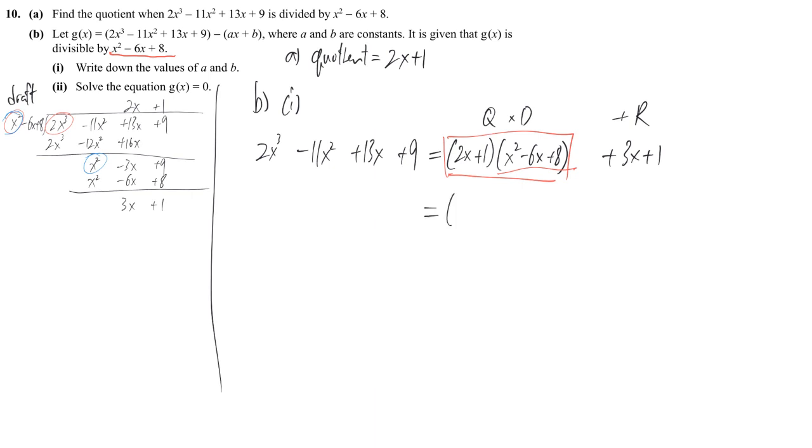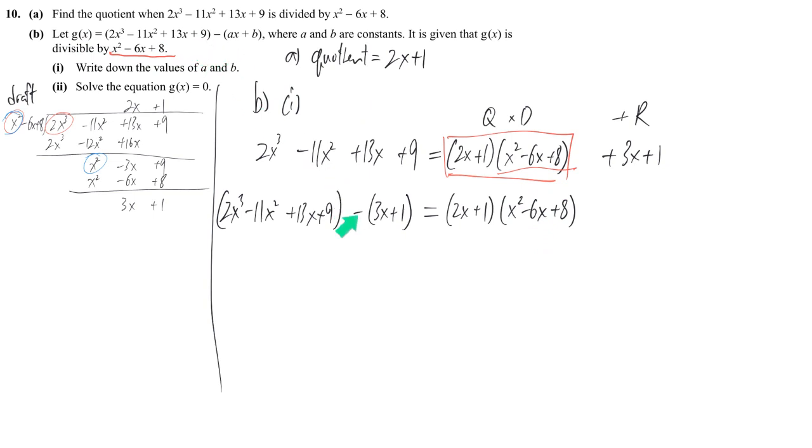So 2x plus 1 times x squared minus 6x plus 8 is equal to our original function minus 3x plus 1, and the left hand side can be written as something times something. That means this function is divisible by x squared minus 6x plus 8, which is the requirement of g(x).